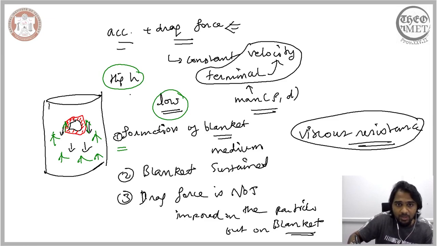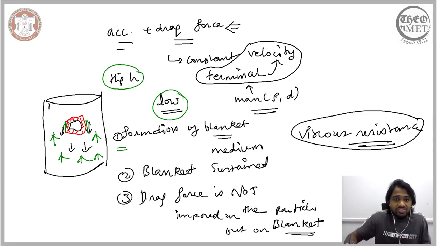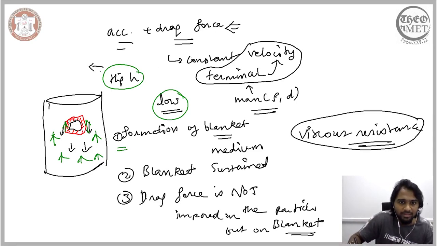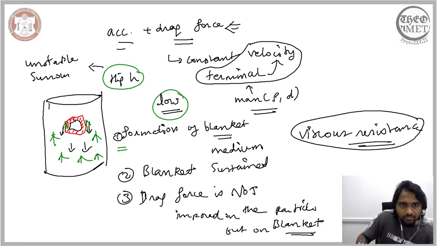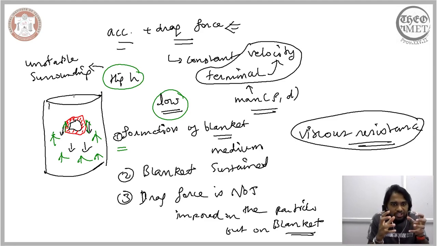So in the case of a particle propagating at high velocity, the blankets being formed will be unstable in nature. We will have an unstable surrounding to that of the particle, and therefore these blankets keep on changing. As the particle progresses across the medium, the blanket gets worn off and removed, and new blankets need to be formed.